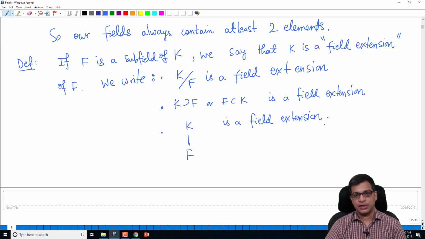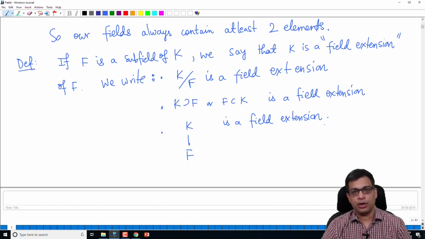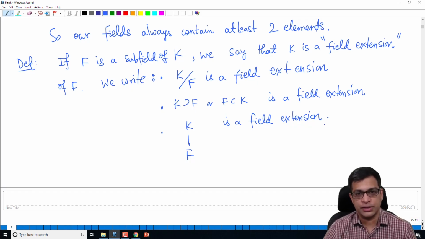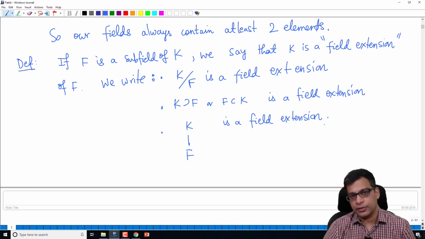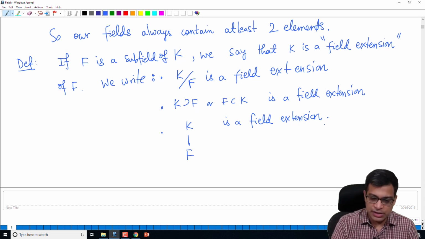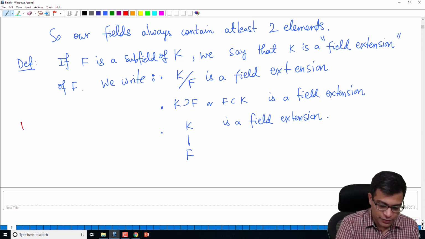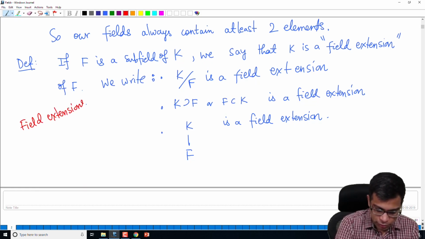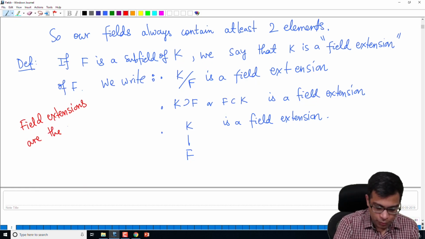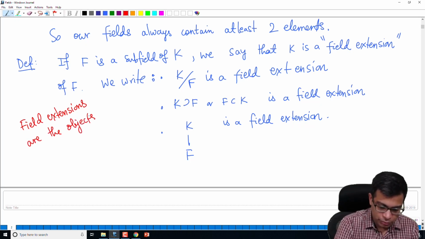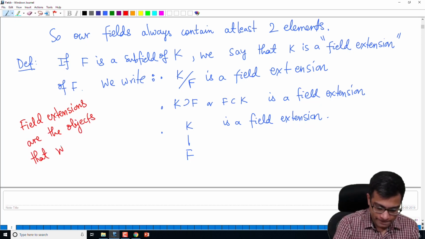If you go back and see the ring theory part of the course, we really didn't talk much about subrings, though we learned what a subring is and we saw examples. It was not a prominent aspect of ring theory, whereas the entire field theory that we are going to study is really a study of field extensions. So these are the important objects for us. Field extensions are the objects that we study.